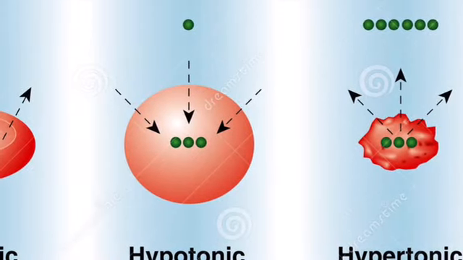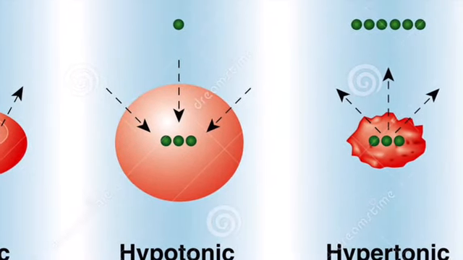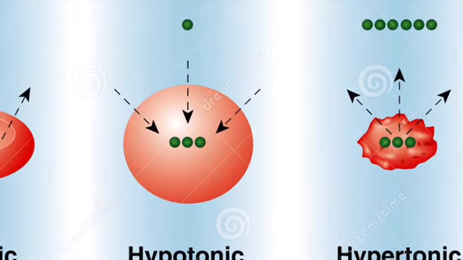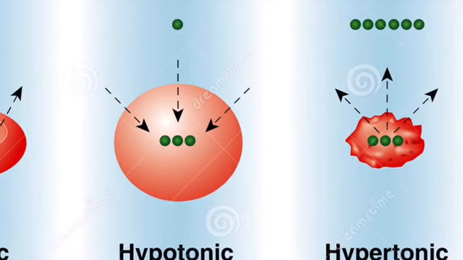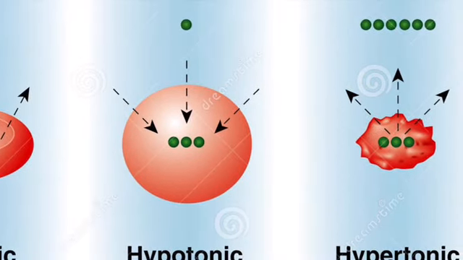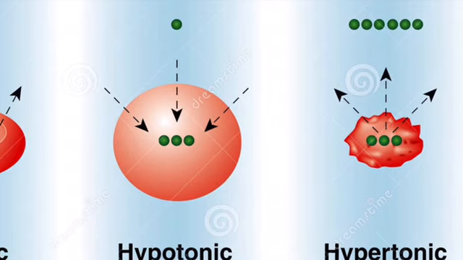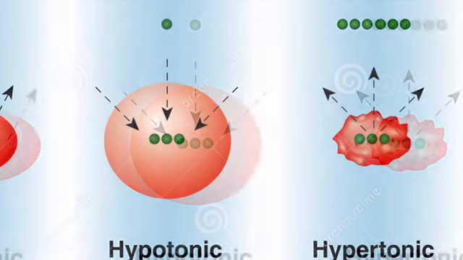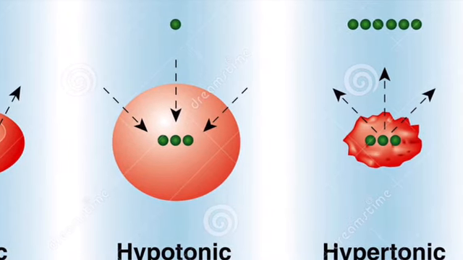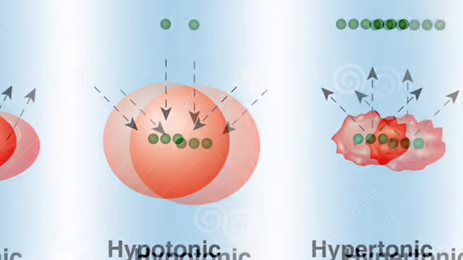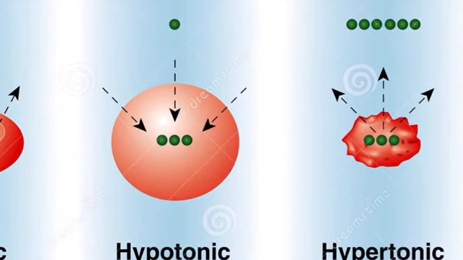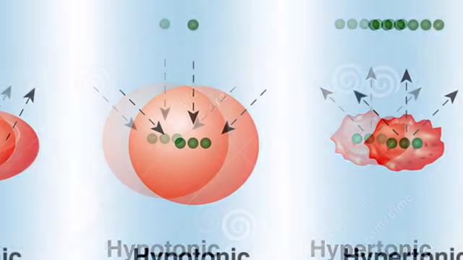The last condition or environment for the cell is isotonic. Isotonic is when the concentration of solute for a cell is almost or pretty much the same on the inside and outside of the cell. And therefore, you're going to have an equal or almost an equal amount of water on the inside and outside of the cell.